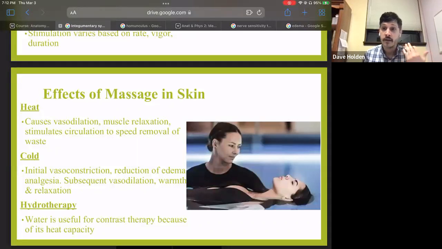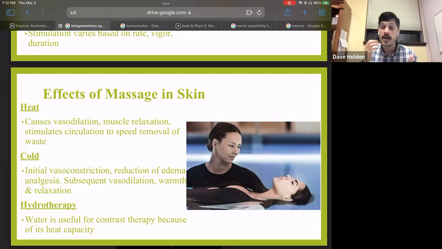The one that I recommend most often is always contrast therapy. Are we familiar with contrast therapy? That's the alternating heat and cold. When you're doing contrast therapy, the important bit is you always bookend with cold. So you start with cold, and then you put on heat, and then cold and heat and cold and heat and cold, and you end with cold.